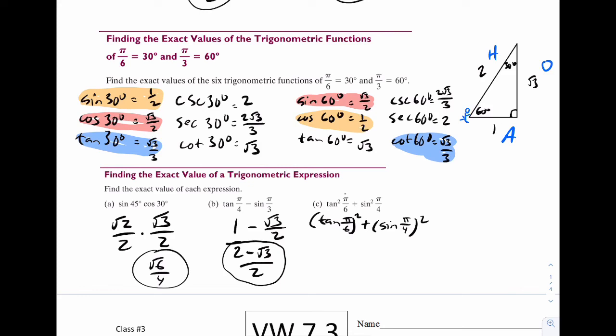So pi over 6, remember that's just 30 degrees, that's 45 degrees. So tan pi over 6, that's just tan 30. So that would be root 3 over 3 squared. Sine pi over 4 is root 2 over 2 squared. That's simply 1/3 plus 1/2, 5 over 6.